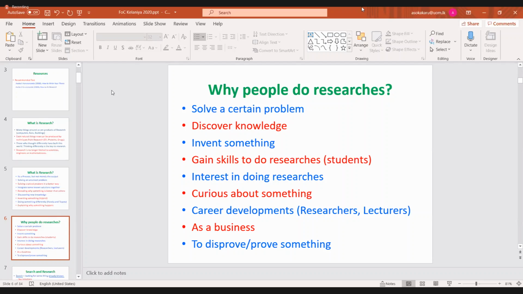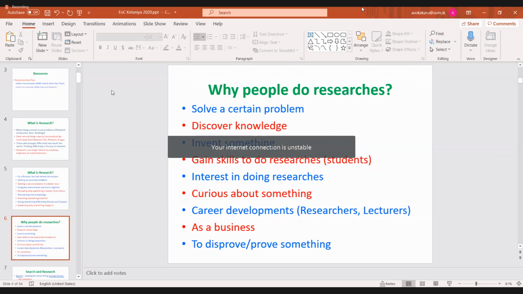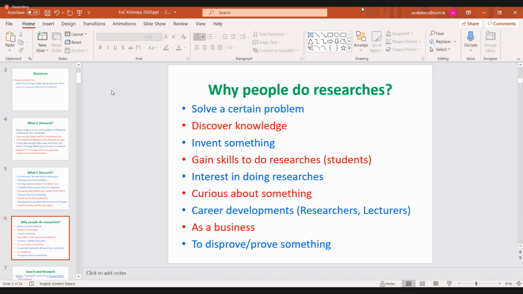MRI, Medical Research Institute, Coconut Research Institute, Agriculture Research Institute. So many other laboratories have researchers. That is their job.